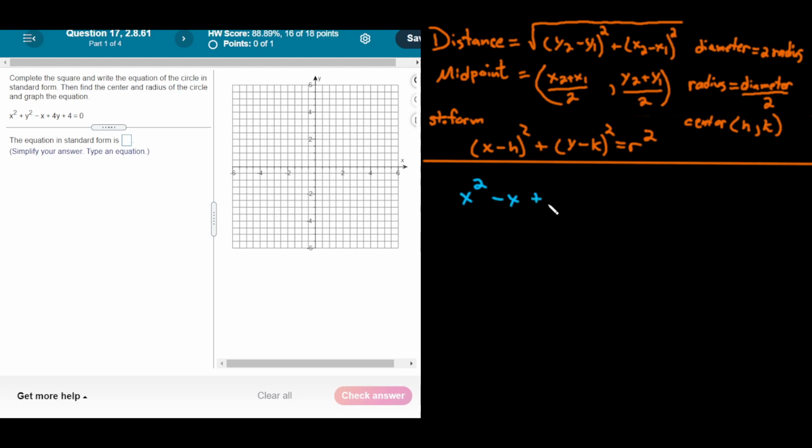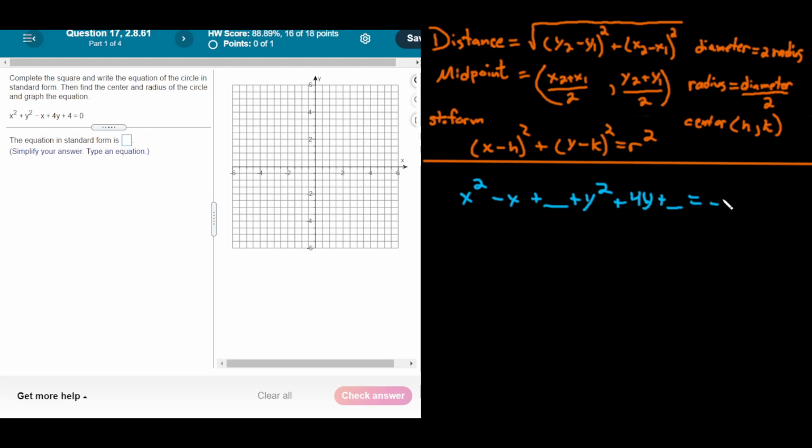And let's add a space since we have a trinomial, plus the y squared term, plus the other y squared term, plus a space, equals the constant term that we couldn't use. We're going to bring that +4 over.